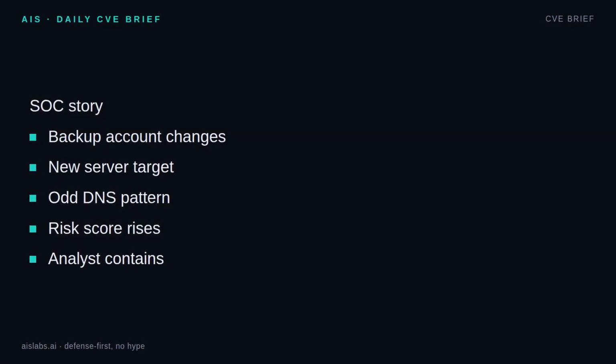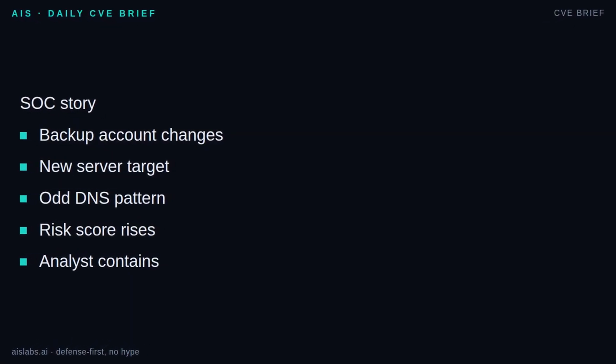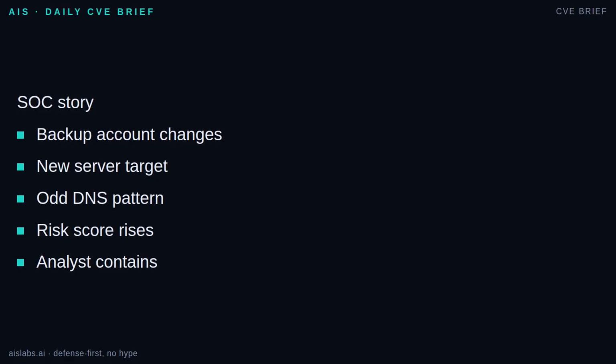Here is a common SOC story. A backup service account normally authenticates from one job server between midnight and 1 a.m. It reads from a defined set of file servers. On Tuesday, UEBA marks 3 changes. The account authenticates from a different server. It reaches a file server outside its normal scope.